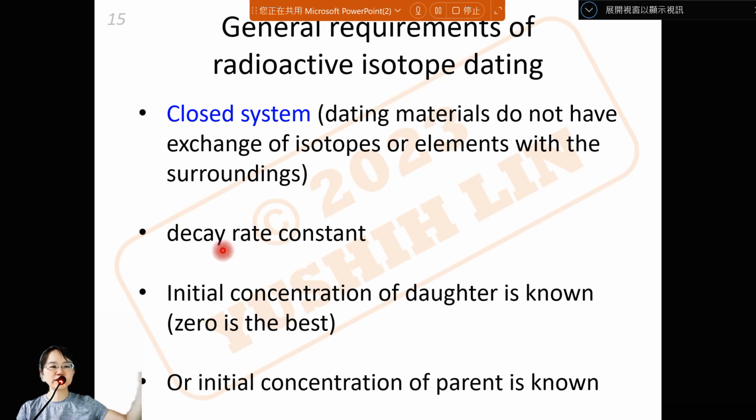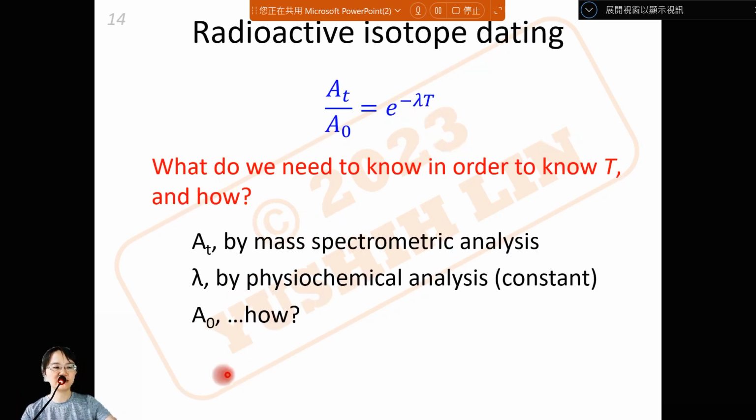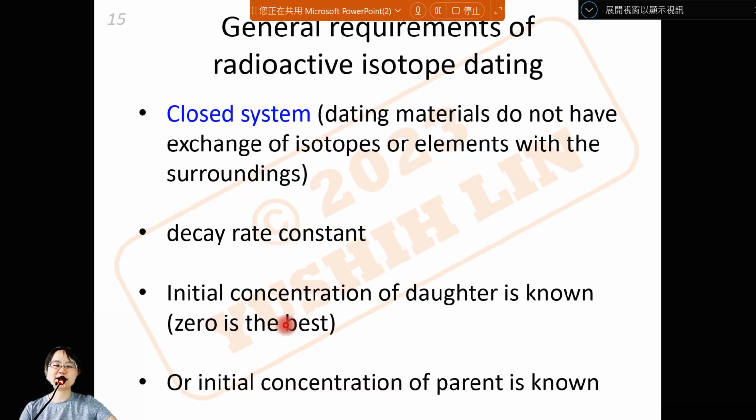And you need to know the decay rate constant, which, as I said, has been measured by some physicists. So this is not the issue for people who apply the technique. This is usually known. What is usually not known is this one. Then you might hope that one of these two conditions would stand. One is that the initial concentration of daughter is known.